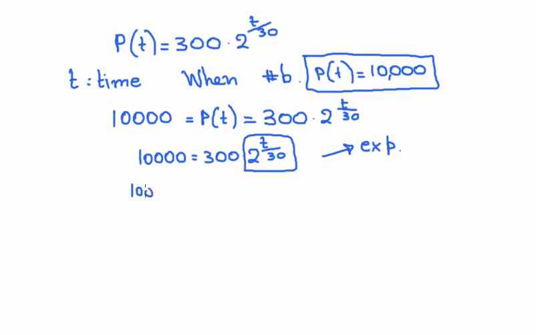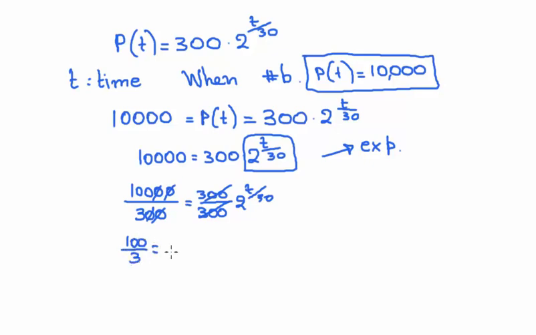So we will divide both sides by the coefficient of the power, that is 300, in order to get rid of the 300 on the right side of the equation where we have our power. So we have 100 divided by 3 equals 2 to the t over 30.